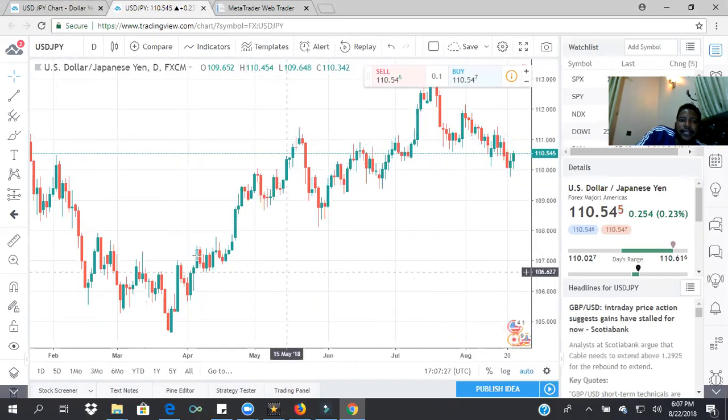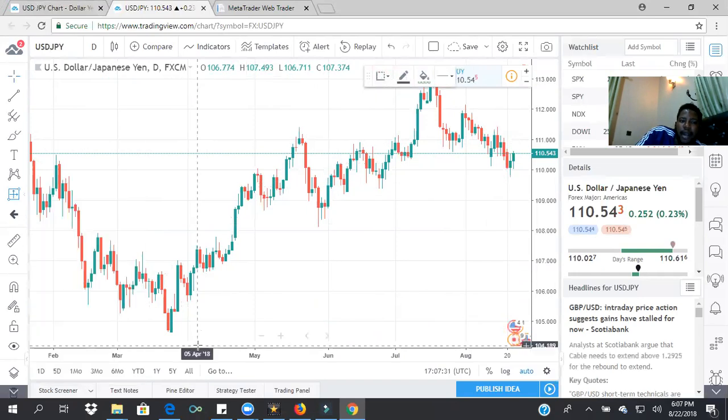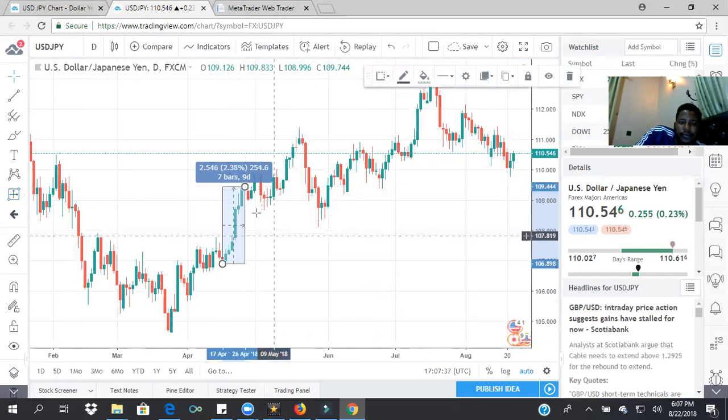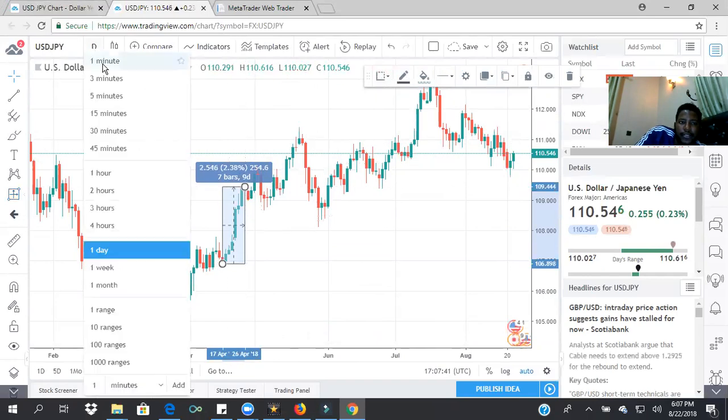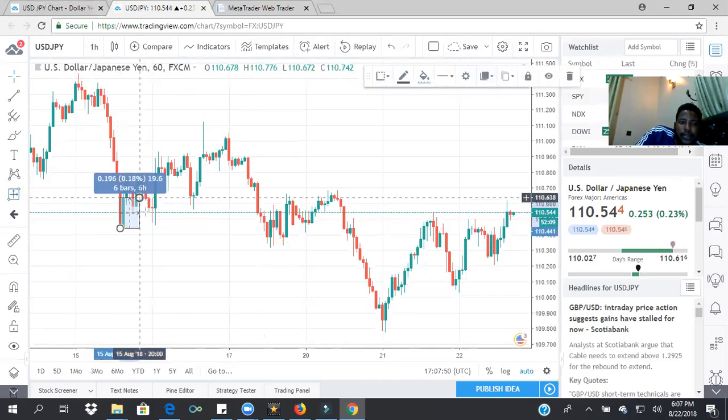This is basically me acting like I'm using a new account. What measures your pip is called the date and price tool, okay? So let's say I want to measure from here to here. Emphasis on this, okay? So let me say I'm measuring in 1 hour. So I want to measure from, let's say, this point to this point. You can see this is put in bars, but actually this is 19.6 pips.